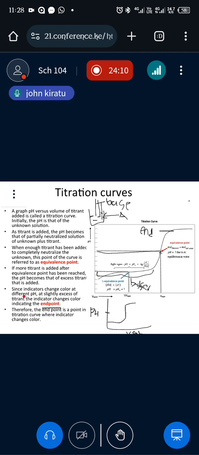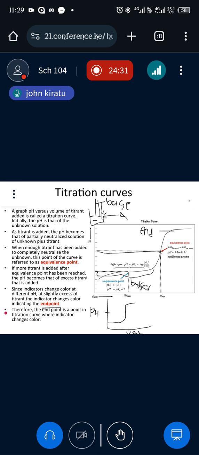From high school, when you are doing titration, what indicated when to stop the titration is when you saw the change of colors of the indicator. Basically, that is what we call the endpoint.